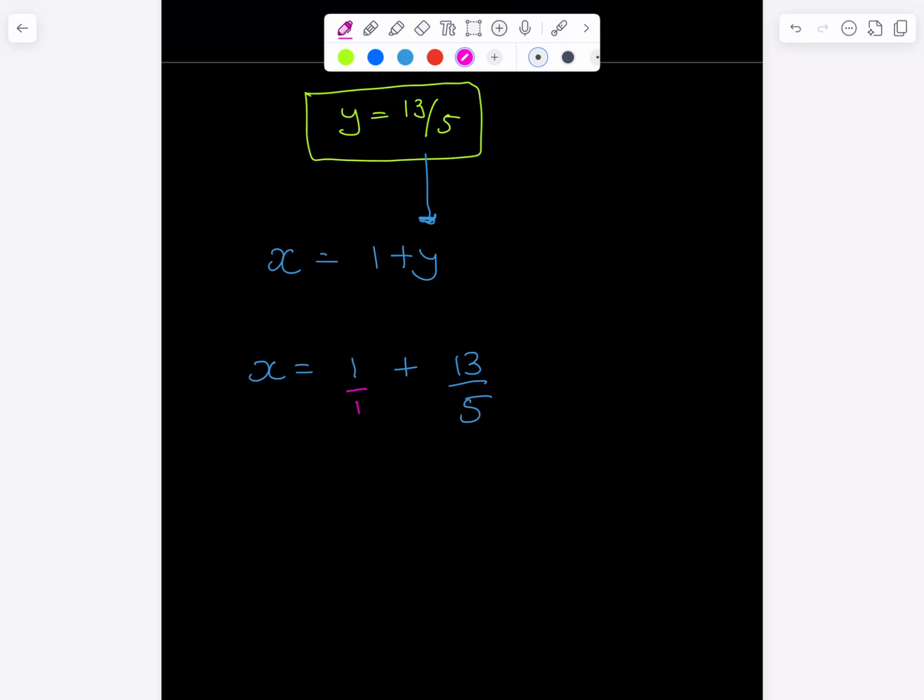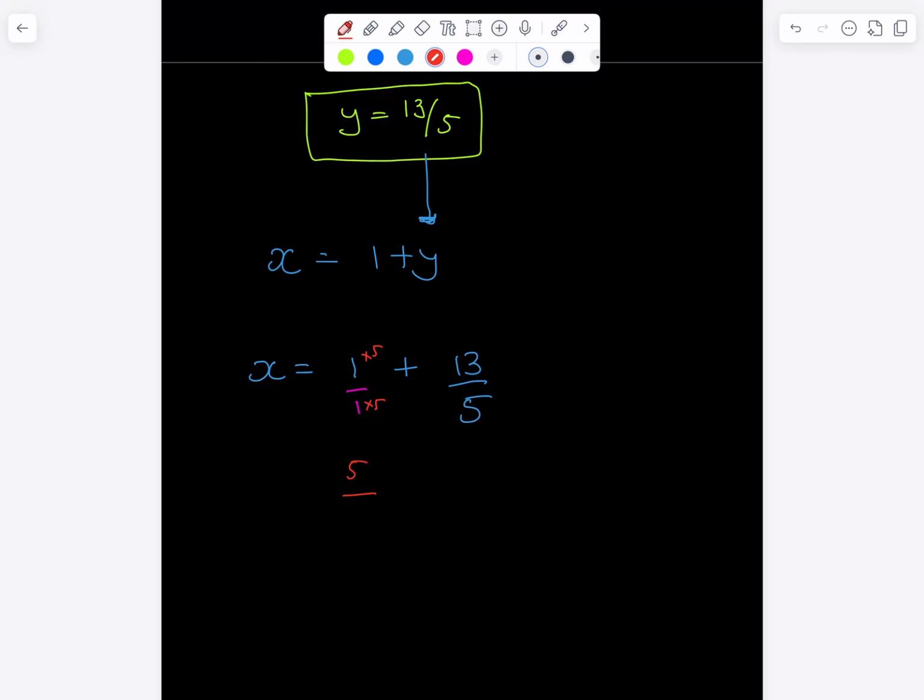So step 1, we're going to write both of these as a fraction. If that's a fraction, we need to put that as a fraction by just putting it over 1. We want the denominators to be the same, so we need to make this a 5. In order to make 1 a 5, you have to multiply it by 5. And whatever you do to the bottom, you need to do to the top.